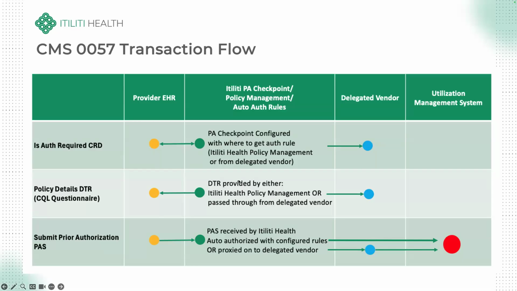Or, as we talked about, the FHIR server, for instance, could forward that questionnaire request through to the delegated vendor. And I'll talk a little bit about a use case that we find occasionally.